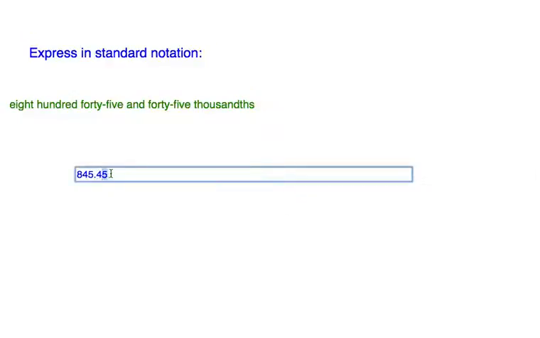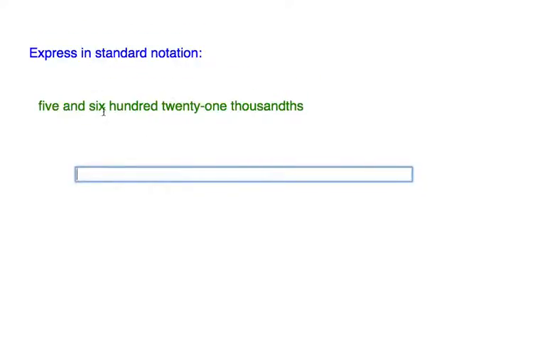But the 5 has to end up in the thousandths place. So to get that to happen, I'm going to put some zeros. Right now the 5 is in the hundredths place. If I put a 0, now it's in the thousandths place. And that's the trick to this level. So that's the tenths, hundredths, thousandths, and the 5. The last digit has to end up in this place, which in this case is the thousandths.